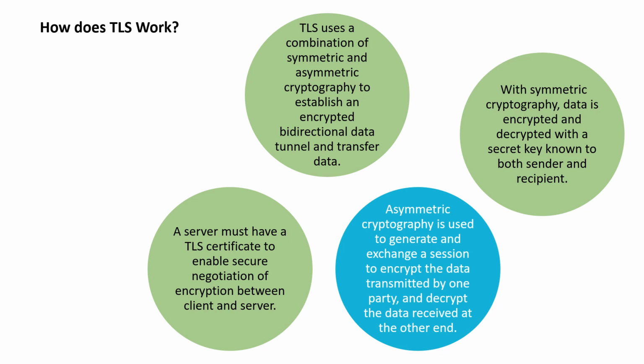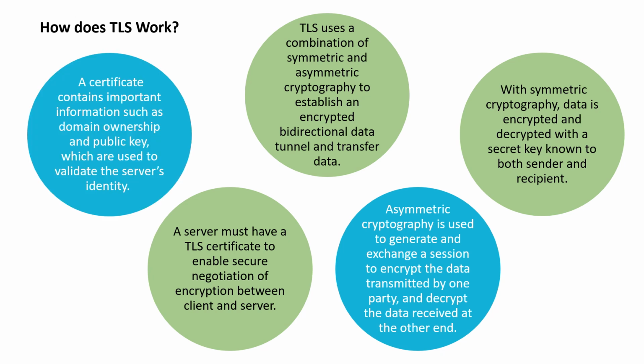The server must have a Transport Layer Security certificate to enable secure negotiation of encryption between client and server. This certificate also contains important information such as domain ownership and public key, which are used to validate the server's identity.